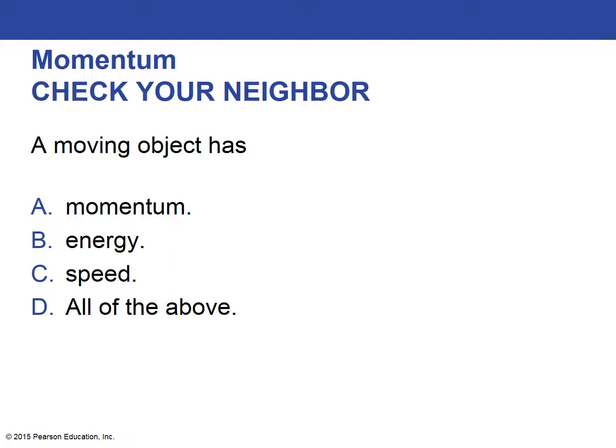And just as momentum is mass times velocity, kinetic energy also depends on the speed of the particle. So, jumping to an equation in chapter 7, the energy is equal to 1/2 the mass times the velocity squared, or the square of the speed. And because all of these depend on speed, the correct answer is all of the above.